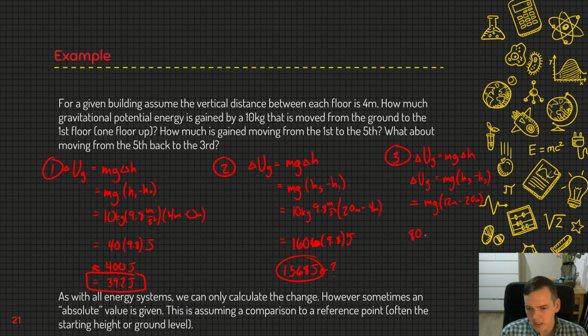So that will be negative 8 times 9.8 times 10, so 80 times 9.8 joules. 0.2 times 80 is 16, so 784 joules.